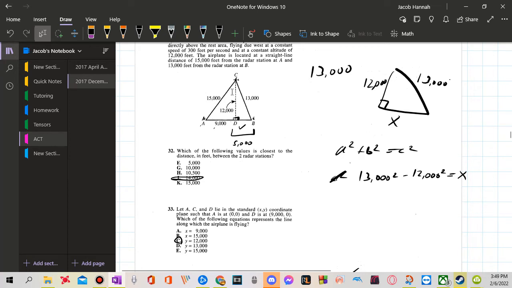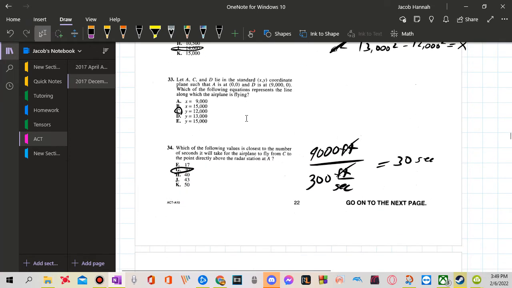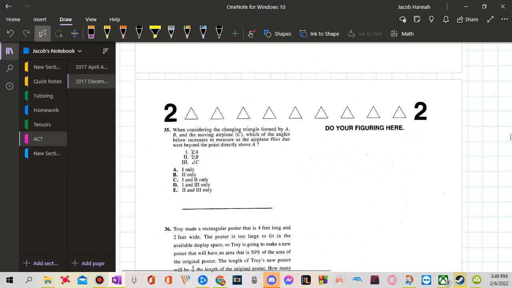It's a vector, actually. And so, A and B is going to change. So angle A, it'll be 1 and 2.